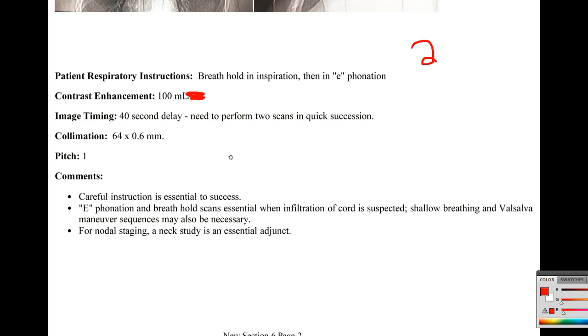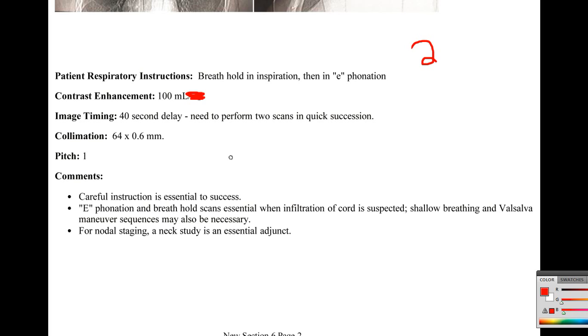So basically you close your mouth, pinch your nose shut, and then attempt to exhale. Usually it's used for demonstration of how the cardiac function is in relation to the autonomic nervous system, but it can also be used for a scan like this. So that might also be necessary.